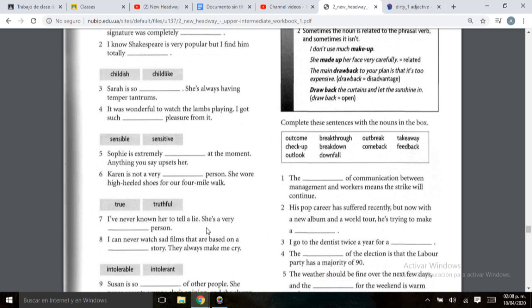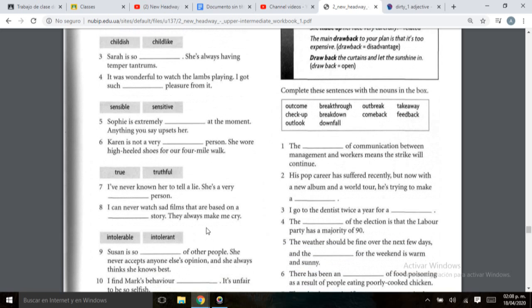Then we have intolerable and intolerant. Basically, these two words are very similar in Spanish. Intolerable means that, for example, in my case, I am intolerable because I am a very bad person and I'm always trying to criticize the other ones. So talking to me is impossible.